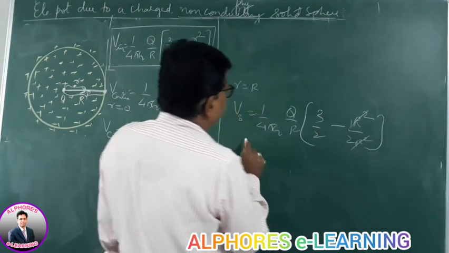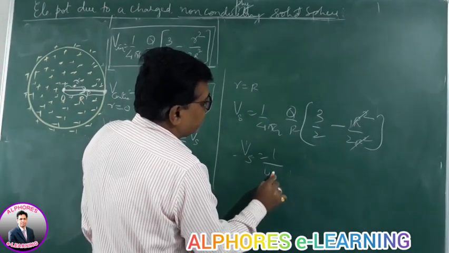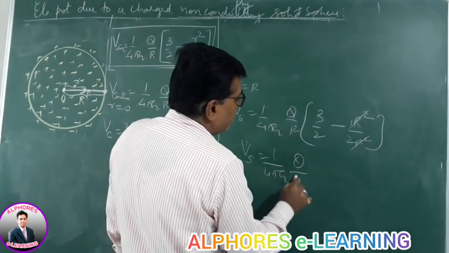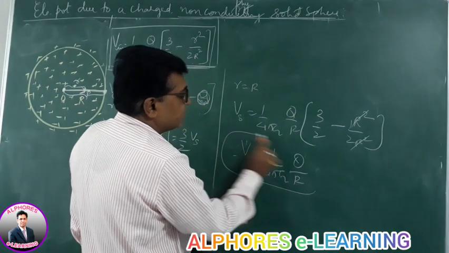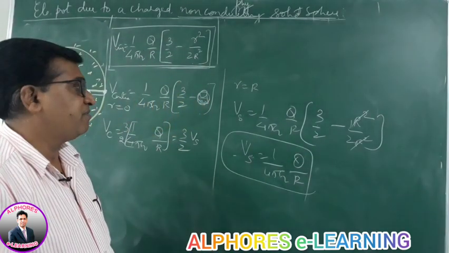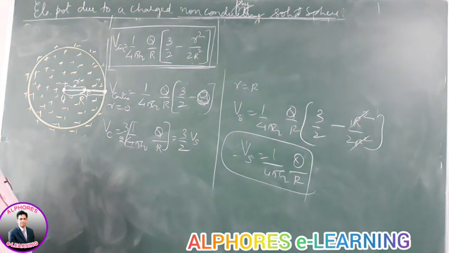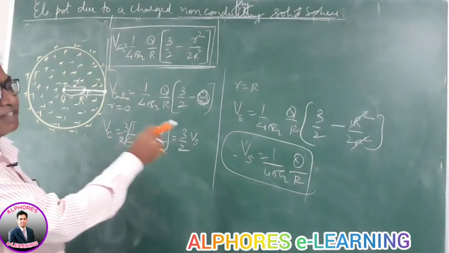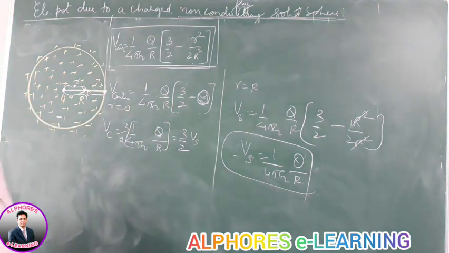So 3 by 2 minus 1 by 2. Potential on the surface is 1 by 4 pi epsilon naught q by R into 3 by 2 minus 1 by 2, which is 2 by 2, that is 1. So this is the potential. That way we find the electric potential due to a solid non-conducting charged sphere at different points: surface point, inside point, center point.